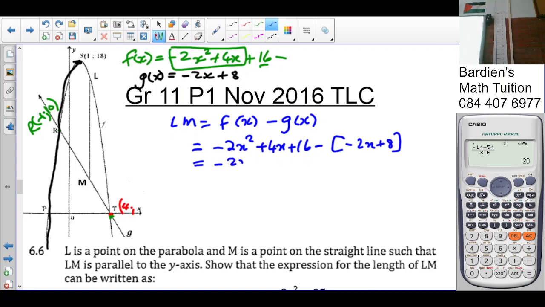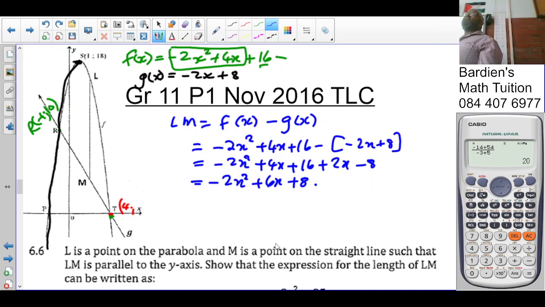So you're going to get negative 2x squared plus 4x plus 16 plus 2x minus 8. It's negative 2x squared plus 6x plus 8. But that is not what they gave us. So what do I do? I need to complete the square. So I take out negative 2 as a common factor. So it's x squared minus 3x minus 4.